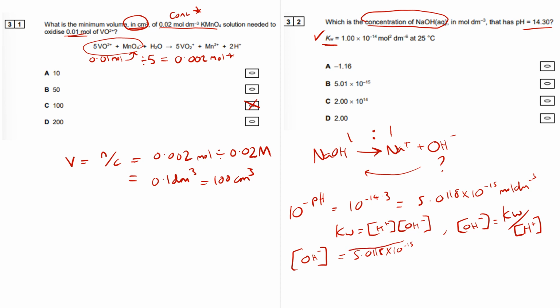So I've done that the wrong way around. The value of Kw, which is 1 times 10 to the minus 14, divided by the concentration of H+, gives us our concentration as 1.995 moles per decimetre cubed. Rounded up, that's going to be 2.00. Answer D is correct.